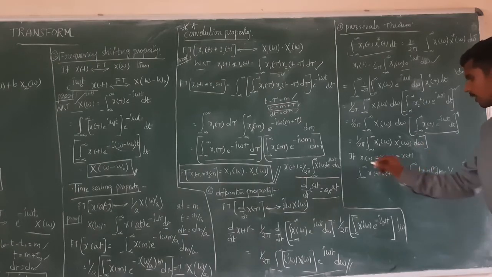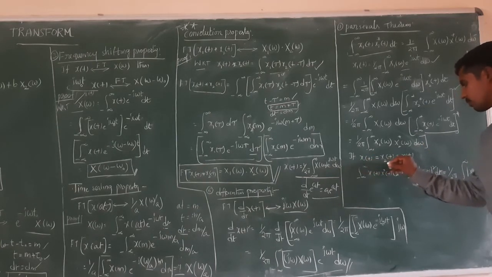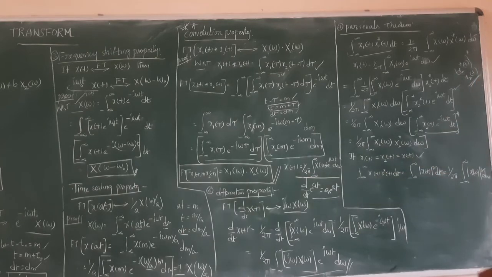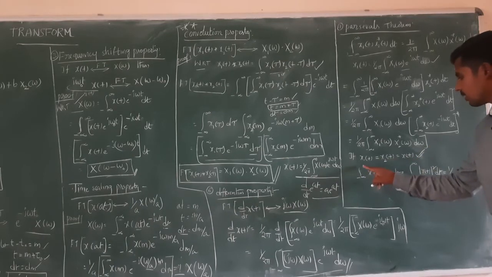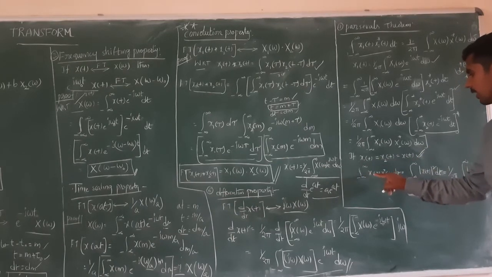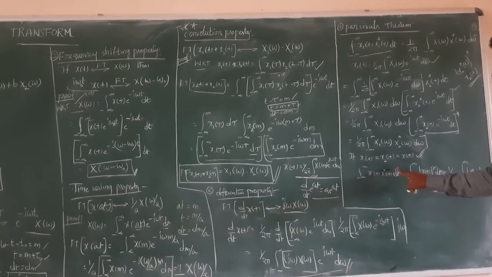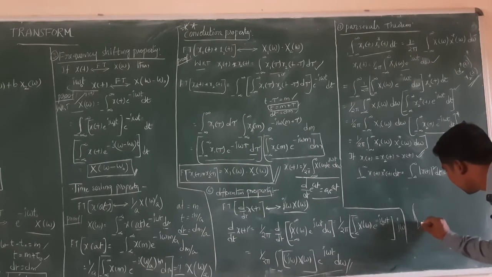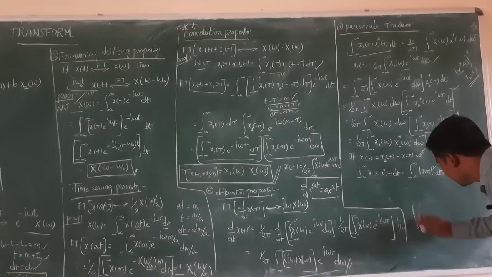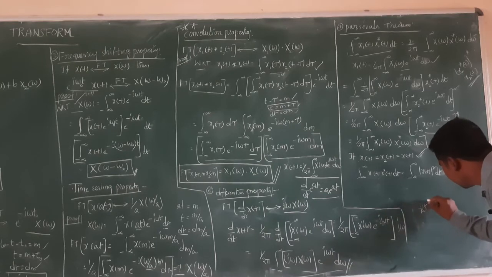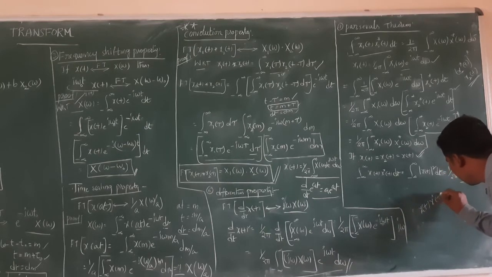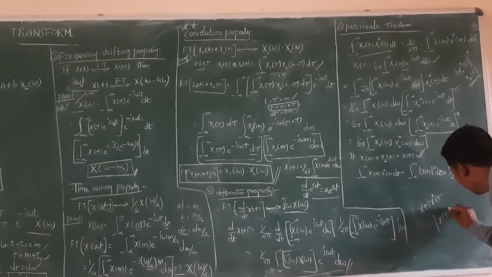Suppose you take x1 of t and x2 of t both the same, that means the signals are equal to x of t. At that time I can represent integral minus infinity to infinity x of t into x conjugate of t into dt. We can also represent x of t into x conjugate of t as modulus of x of t whole square.